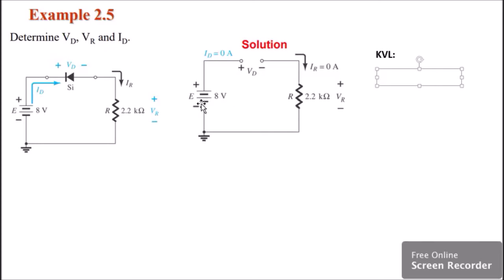So, we have a negative terminal, so we have negative 8, plus, this is positive, let's say this is VD, plus VD. Next, this is positive, plus VR. Is there anything else? None. This is equal to 0.